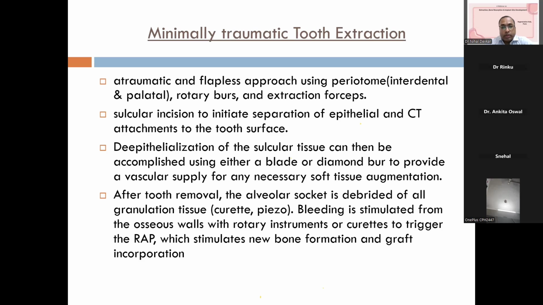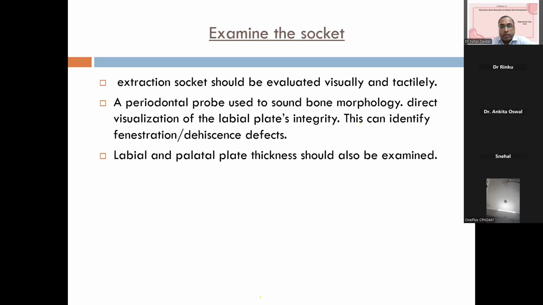After the tooth removal, the alveolar socket is debrided of all the granulation tissue using a curette or piezo. You can stimulate bleeding from the osseous wall with a rotary instrument, which stimulates new bone formation and graft incorporation. Once this cleaning is done, you examine the socket carefully, visually and by touch. Use a simple periodontal probe to check the bone morphology, and also use direct visualization.